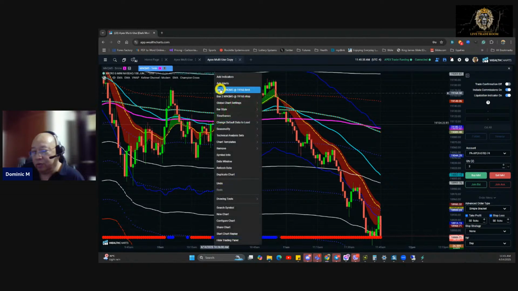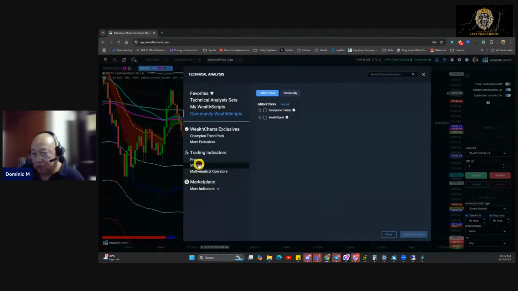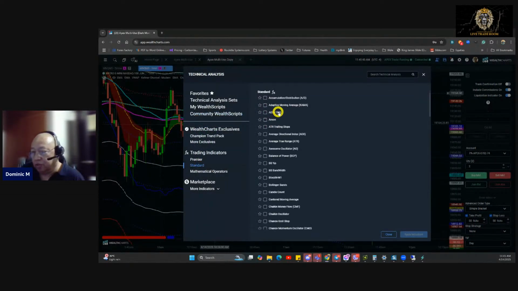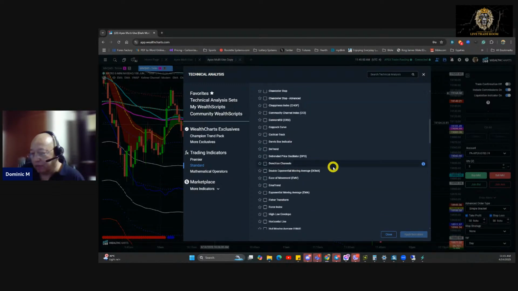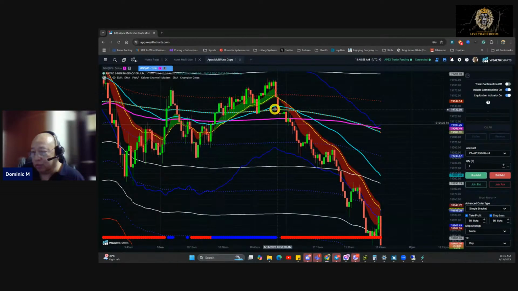You right click on the chart, and you see add indicator right there. If you add indicators, it shows you I'm using mostly the standard ones. I'll provide the settings. It's being recorded, so that's how you load the indicators.